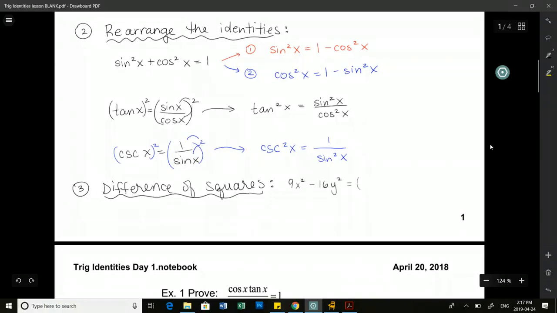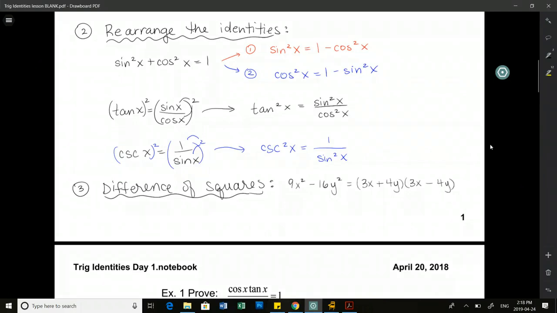Does anyone remember how we factor this? Square root the first term, square root the last term, and do a plus and minus. Very good. The first term's square root, 3x, goes in the first space, and the second term's square root, 4y, goes in the second space. One bracket has a plus, one has a minus, and this is now factored.